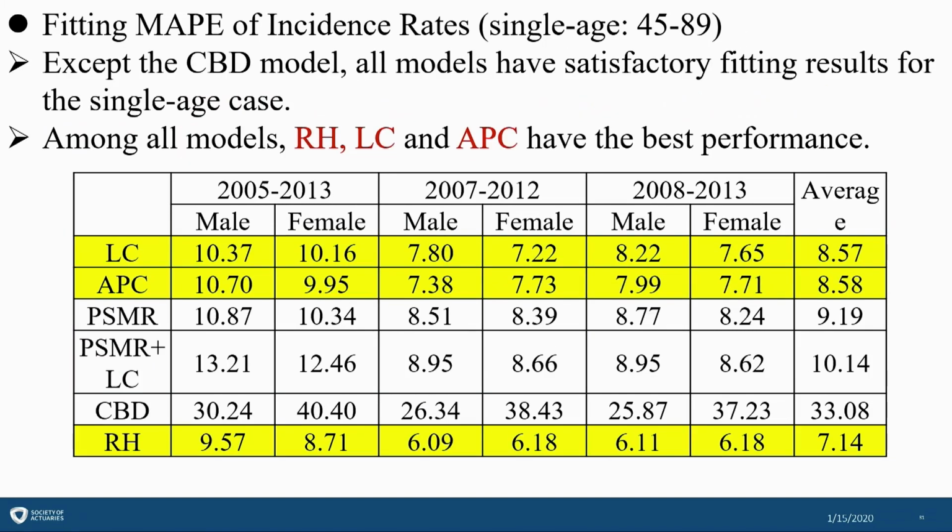Let's move to single age, where we only consider 45 to 89 years old. Except for the CBD model, RH, Lee-Carter, and the APC have the best performance.